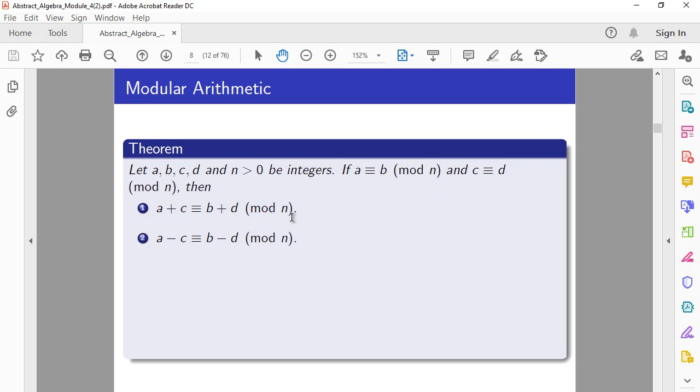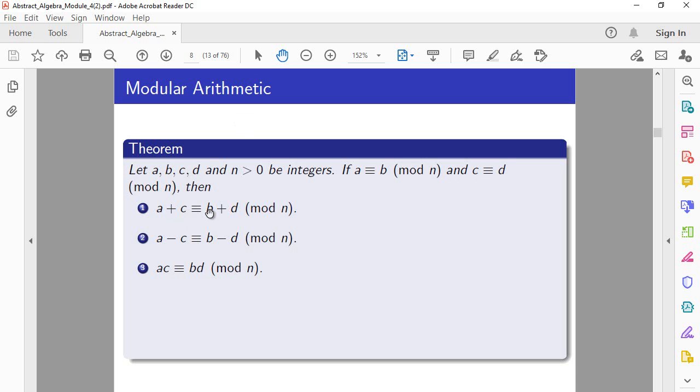I can say the same thing when I subtract. So a minus c is congruent to b minus d mod n. And I can also say that ac is congruent to bd mod n. So here I'm multiplying the left hand sides, and this is the product of the right hand sides of these two congruences.